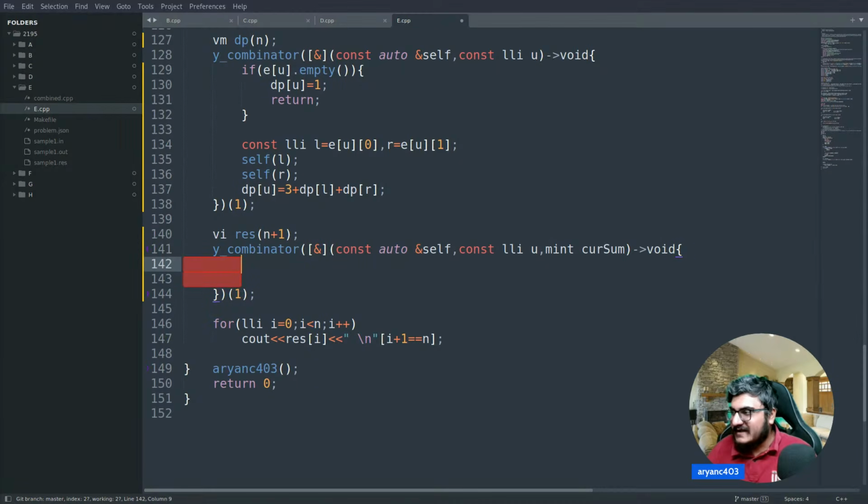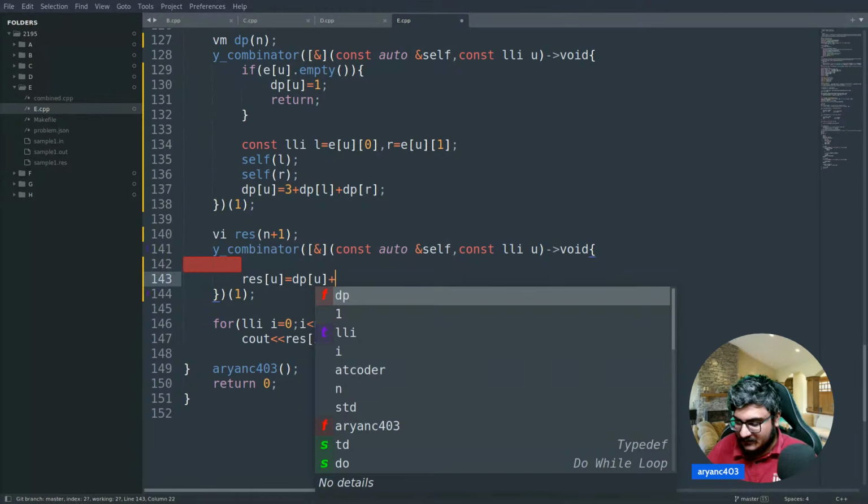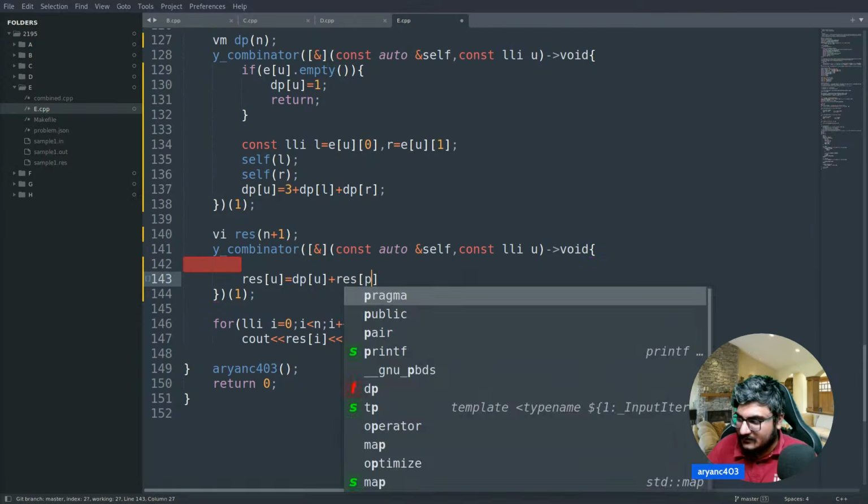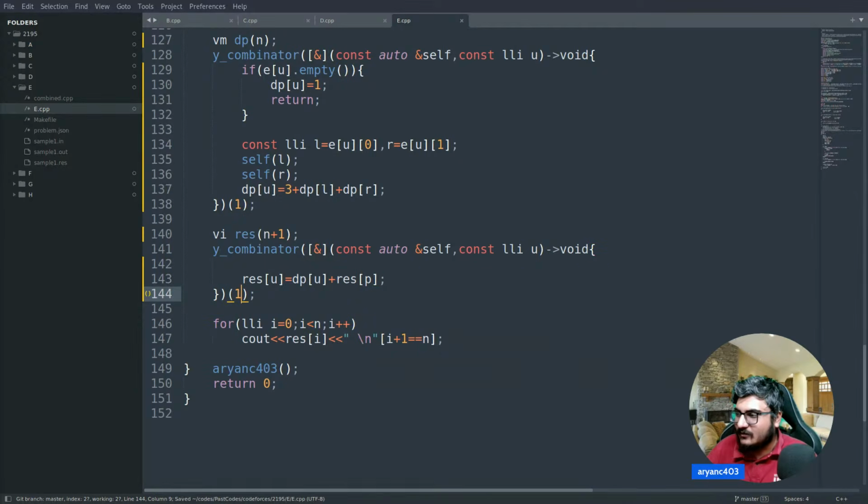The answer to go from U to the parent is: first you have to go from U to the parent of U, and then take how much time it takes from the parent to the root node.